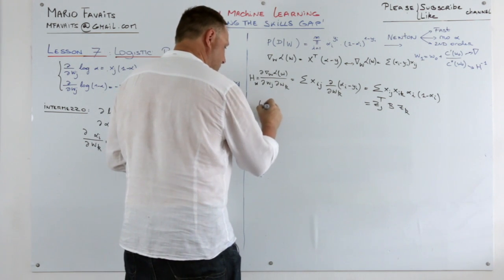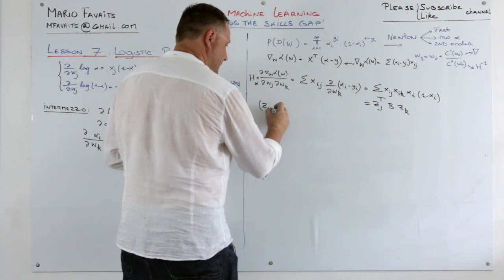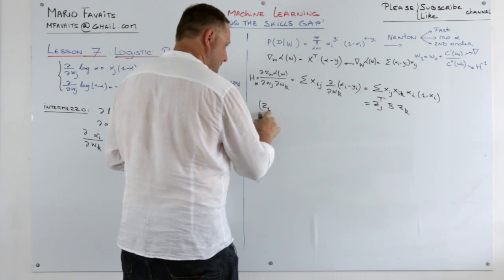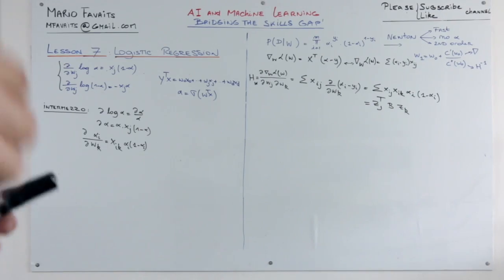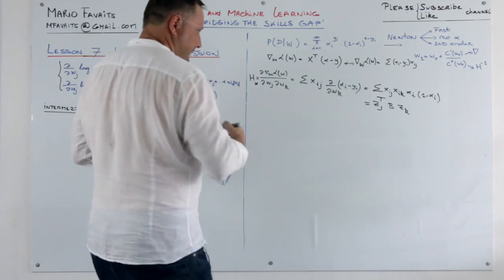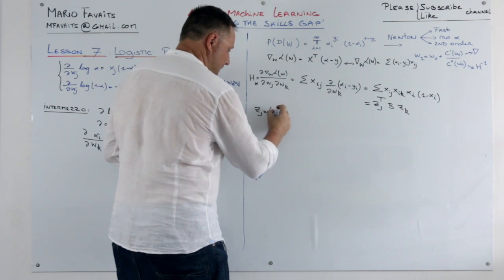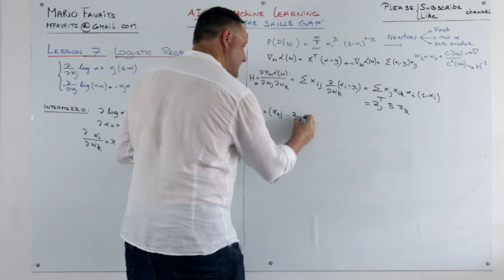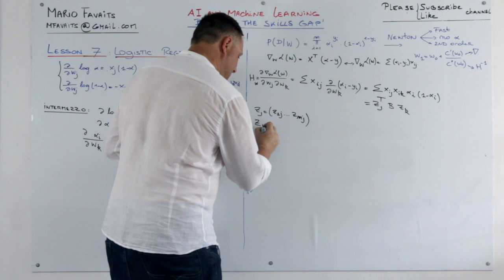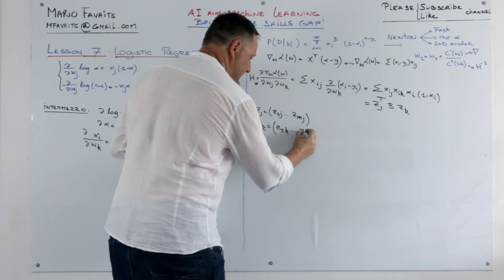Zj is a row vector. So let's now see what Zj is. Zj is Z1j all the way down to Zmj. And Zk is exactly the same: Z1k all the way down to Zmk.